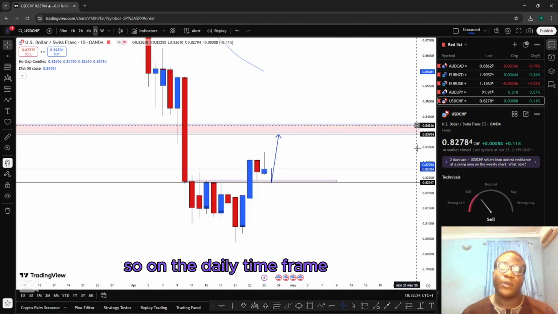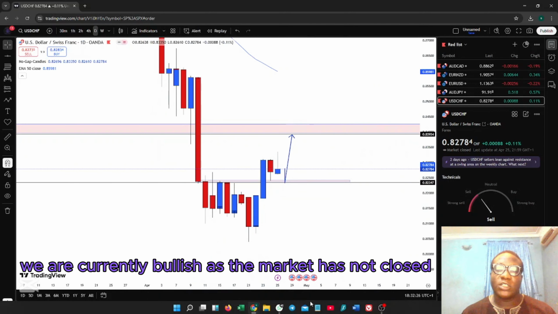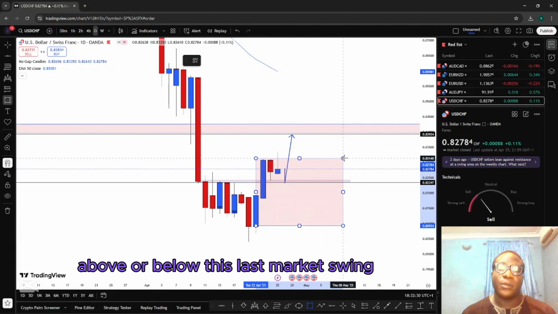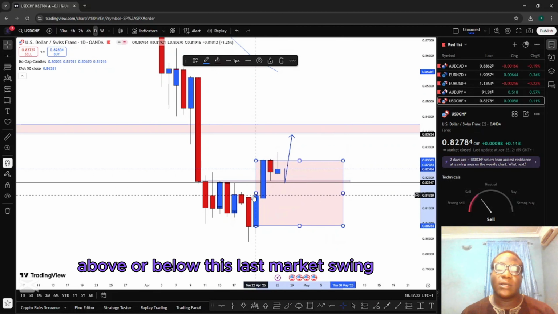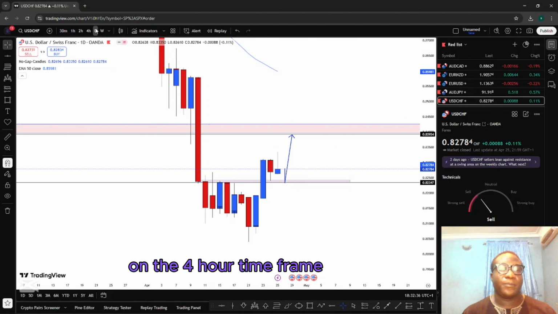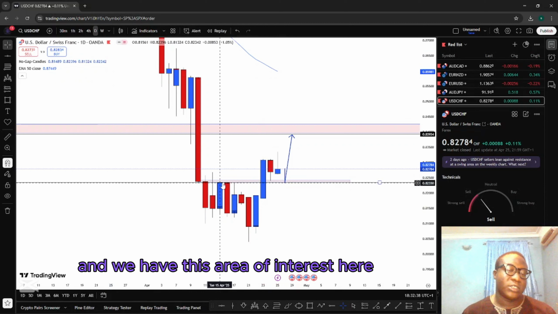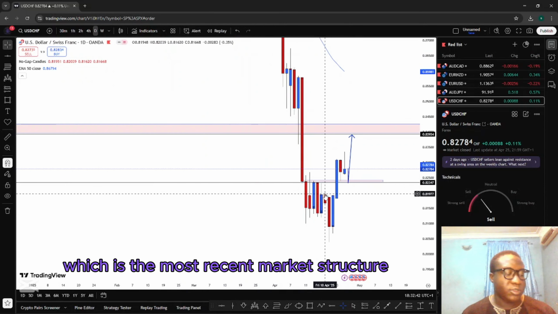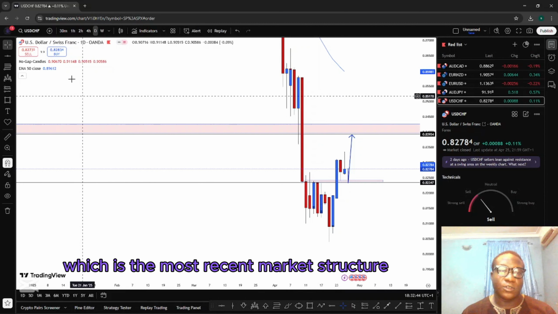So on the daily time frame, we are currently bullish, as the market has not closed above or below this last market swing. On the 4-hour time frame, I will have this area of interest here, obviously from the daily time frame, which is the most recent market structure.